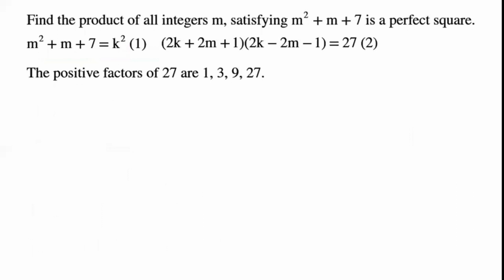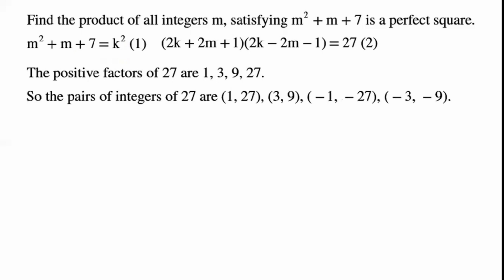Positive factors of 27 are 1, 3, 9, 27. So the pairs of integers with product 27 are 1 and 27, 3 and 9, minus 1 and minus 27, minus 3 and minus 9.